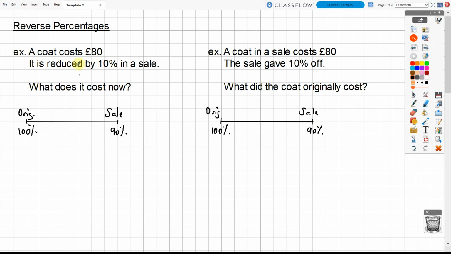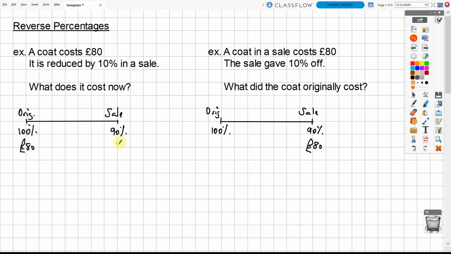But now the difference. In this example, a coat costs £80 and is then reduced by 10% on a sale. So the £80 belongs over here. Here, the coat is already in the sale when it costs £80. £80 is over here.